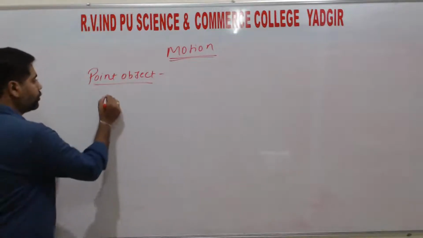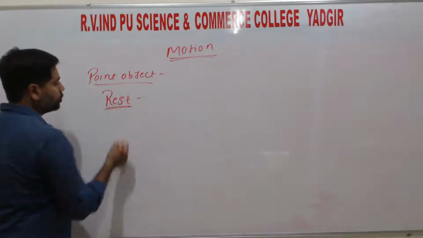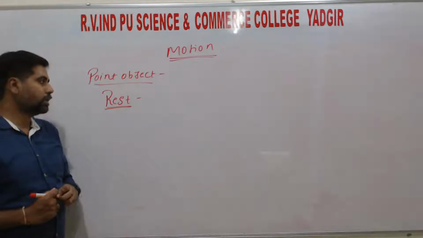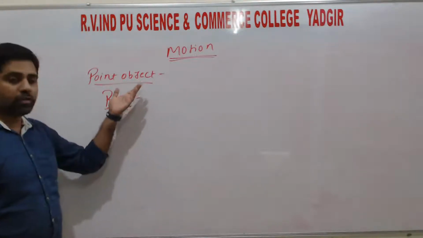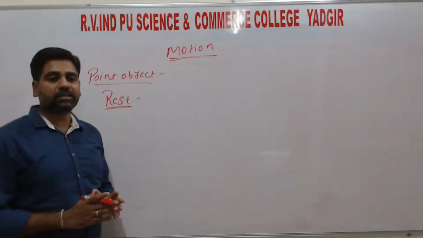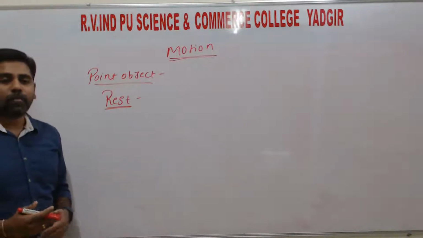So next, rest. What is meant by rest? That is, the position of the particle or object does not change its place with respect to its surroundings as time passes.